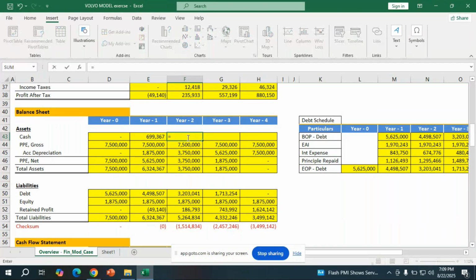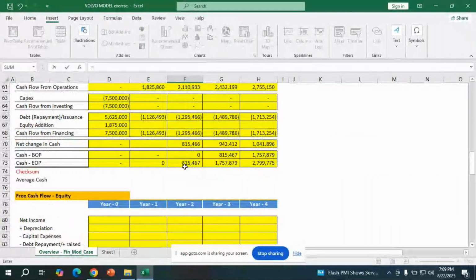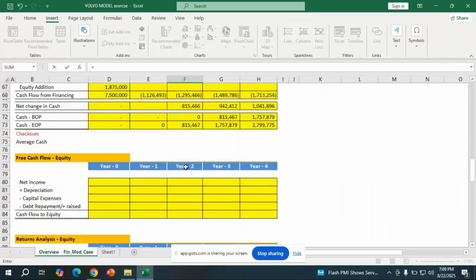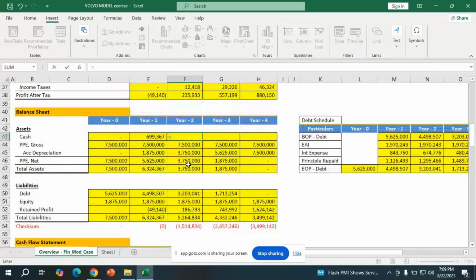So what is the amount for the year two? For year two it is 8,15,000. So what you've got for year two, you have to put up here.